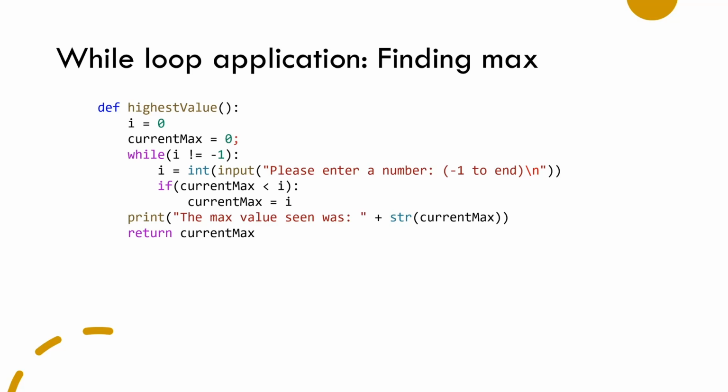And in this case, all this function does is ask the user for a string of numbers, and then it determines which one's the largest one, and then it displays it to the user. We're using a while loop in this case to know that the user still wants to provide more information. Now I'm going to show you guys how this function actually works.